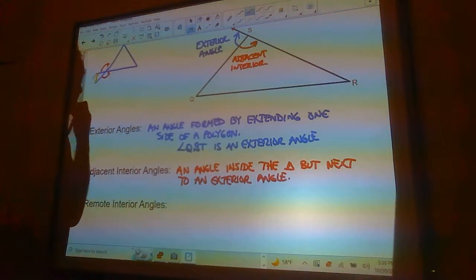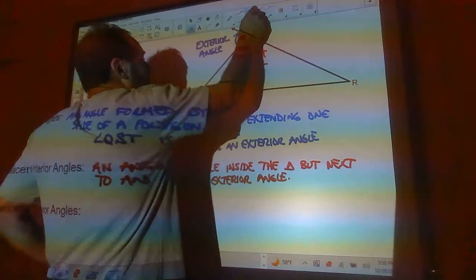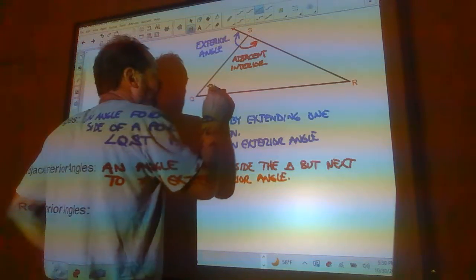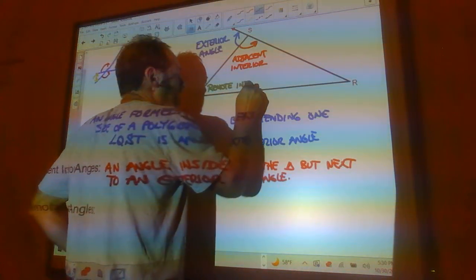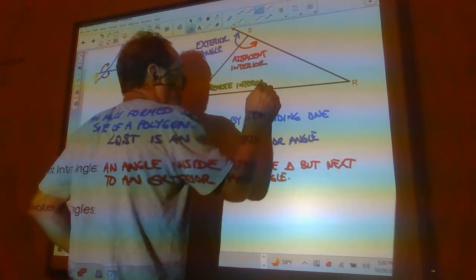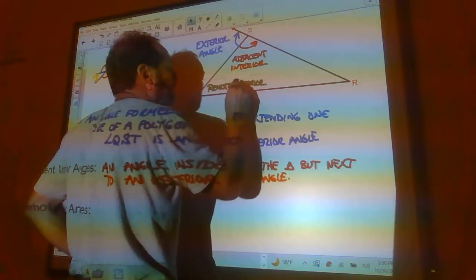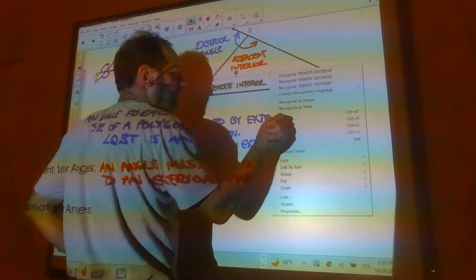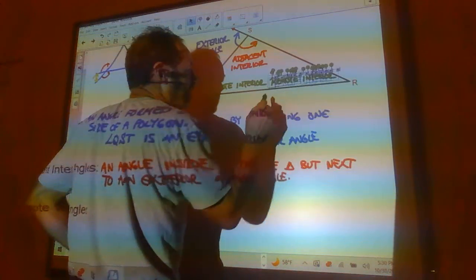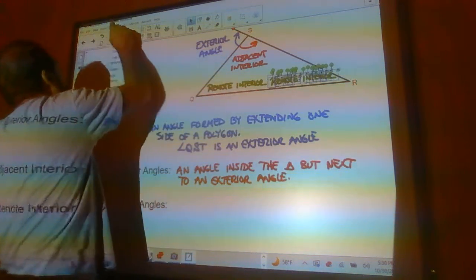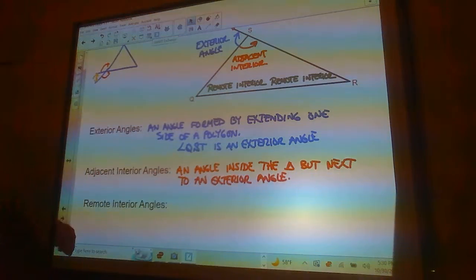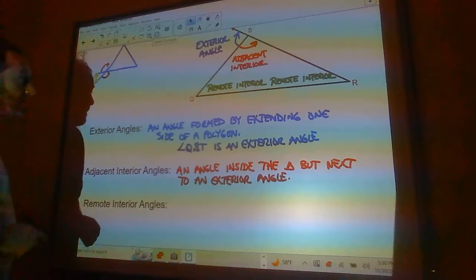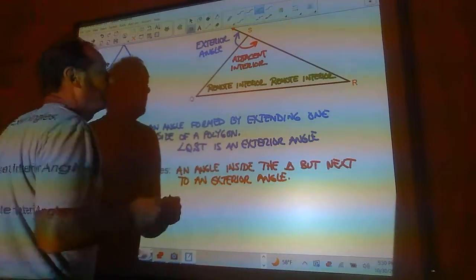Now, the other two angles are called remote interior angles. This is a remote interior angle, and so is this one over here. So there are two remote interior angles. All right, so what's a remote interior angle?